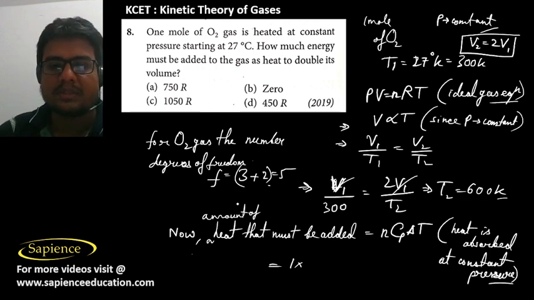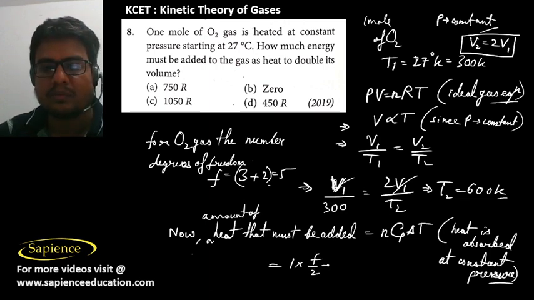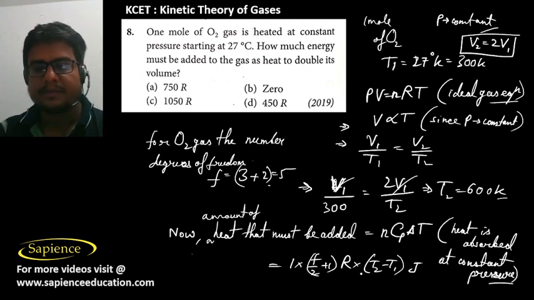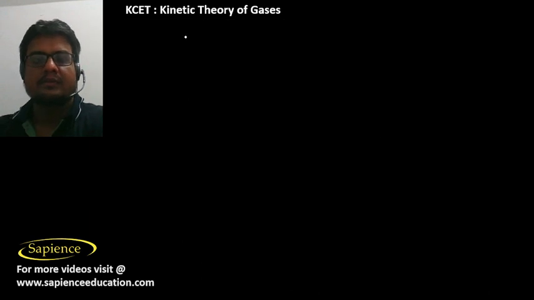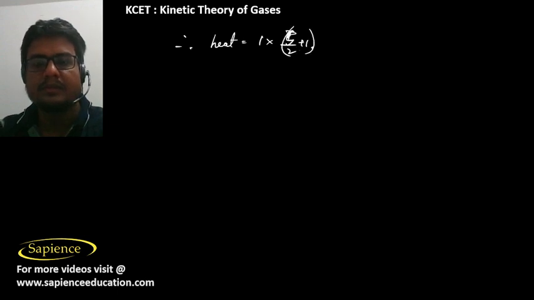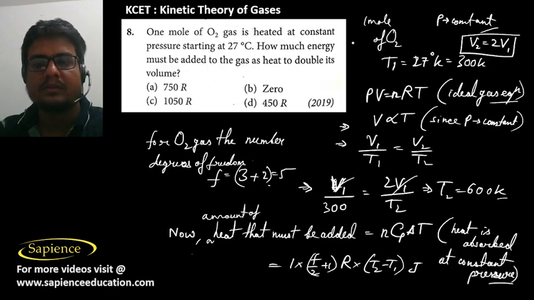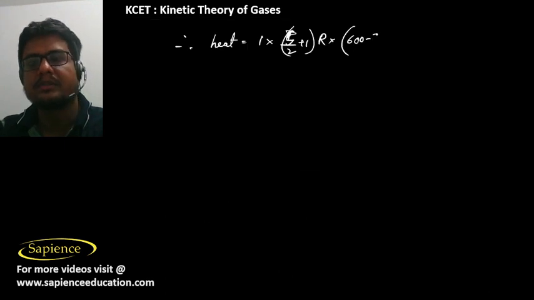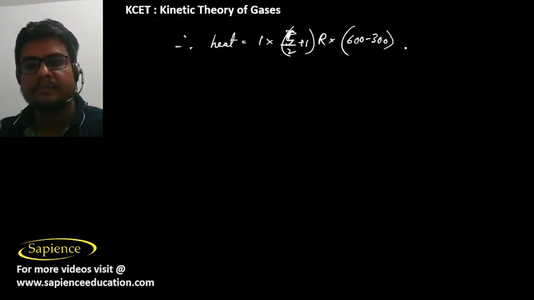So we know that Cp is equal to (F by 2 plus 1) R, and delta T is T2 minus T1. So the required amount of heat is n Cp delta T, which is (5 by 2 plus 1) R into (600 minus 300) joules.